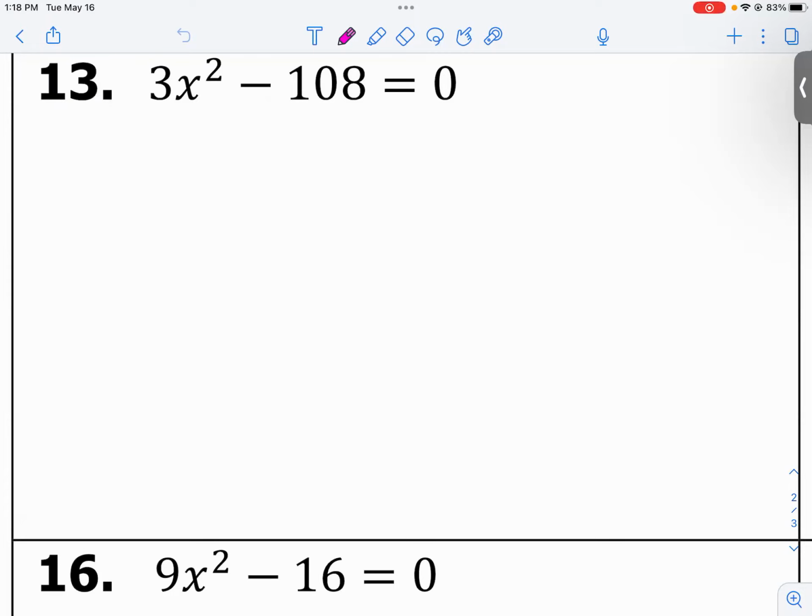Why aren't you doing anything? I'm still doing it. We're doing number 13. I zoomed in on it. Yes, number 13. Okay, you have that answer. Why did you get it stuck in my stick? What is it?